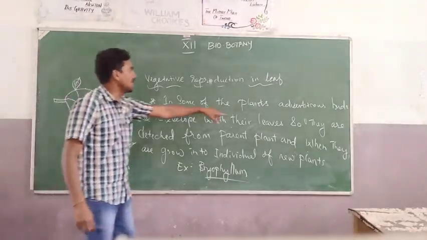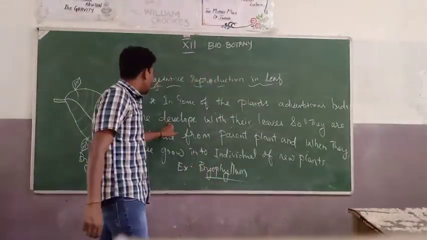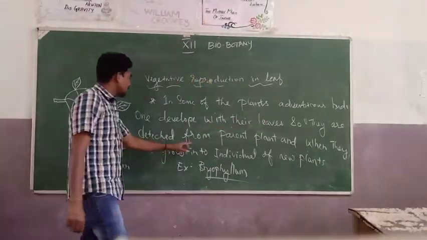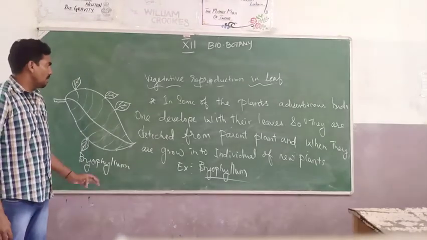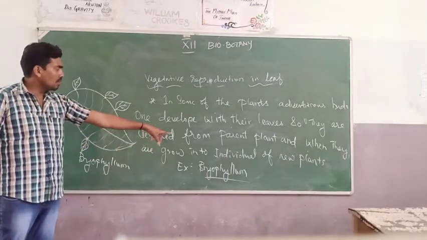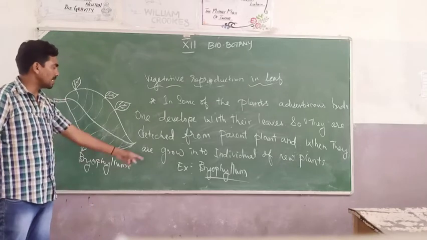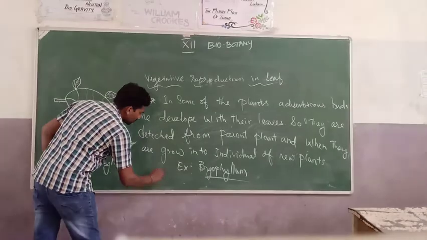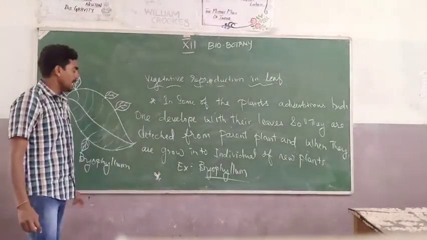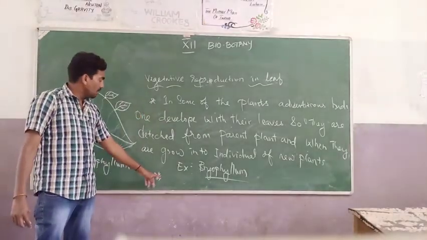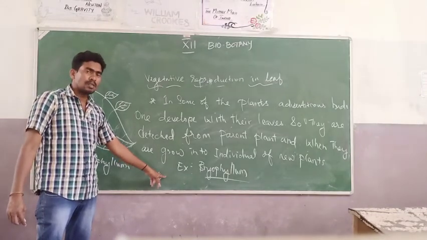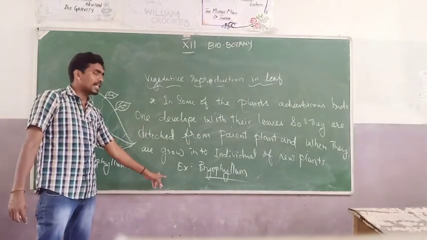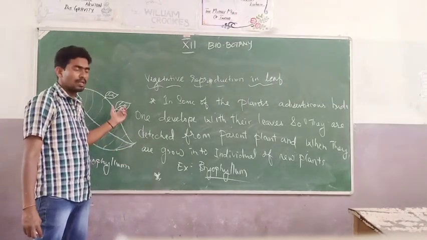In some of the plants, adventitious buds develop with their leaves, and they are detached from the parent plant. When they grow, they become individual new plants. Example, Bryophyllum. One more character: the new plants become independent after touching the soil. When the new plants detach from the parent plant, they mature after some time, and on touching the soil they become another parent plant.